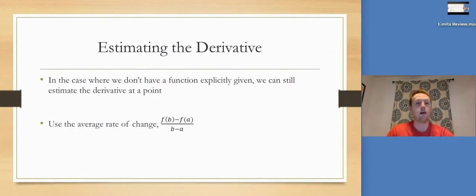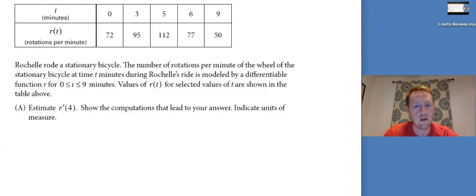Okay, last idea, estimating the derivative. You guys are very good at this. If we don't have a function, we have a set of table values instead. We're just going to estimate the instantaneous rate of change using the average rate of change, f of b minus f of a. So we've got Rochelle riding her bike again. We're going to estimate r prime of 4. So we need to find the smallest interval that contains 4.